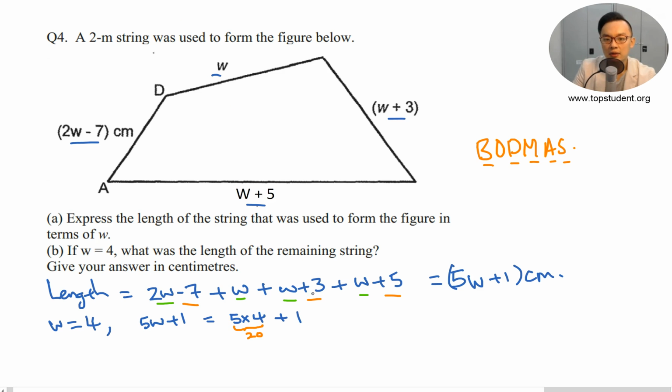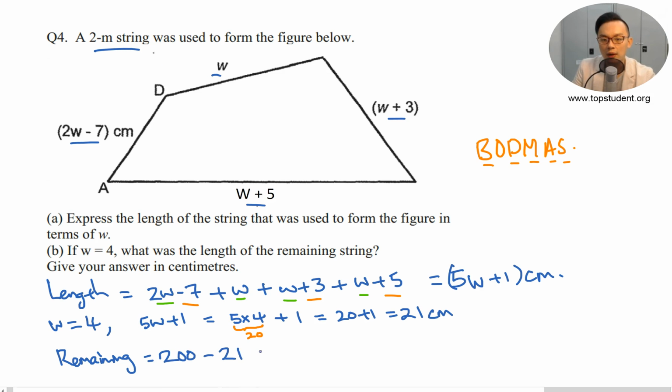So the answer is 20 plus 1 equals 21 cm. So what's the length of the remaining string? The remaining is equal to the 2 meter string, so it's 200 minus 21 equals 179 cm.